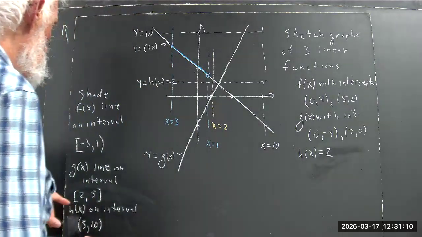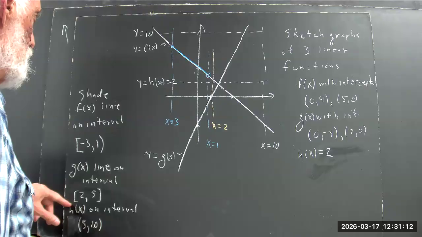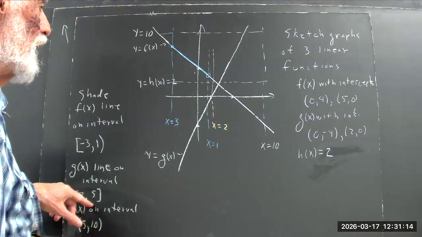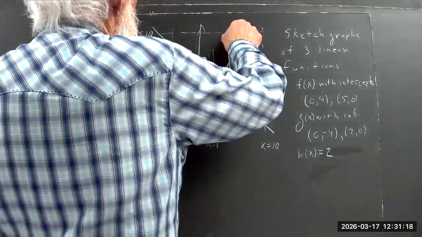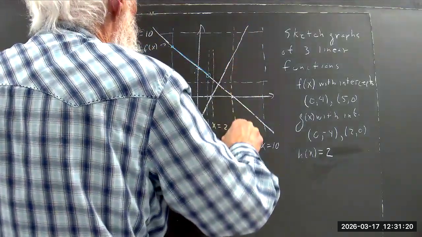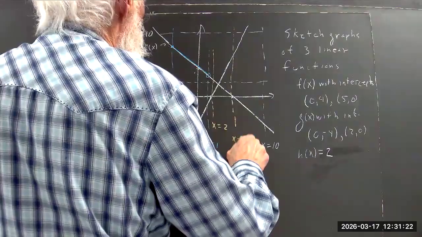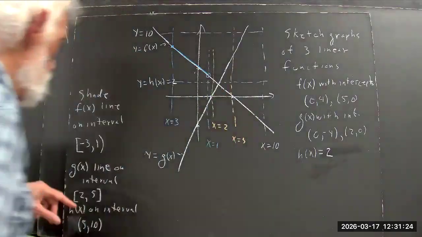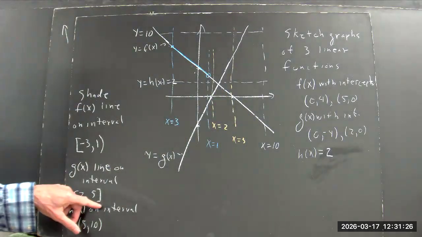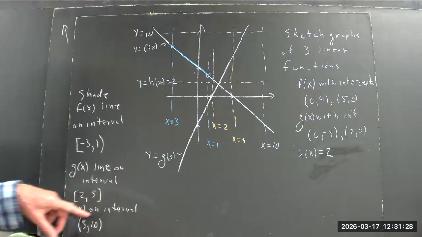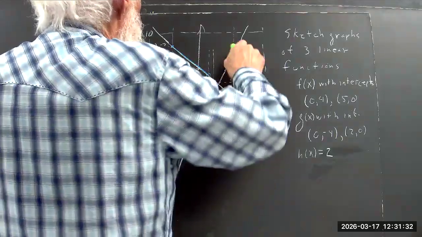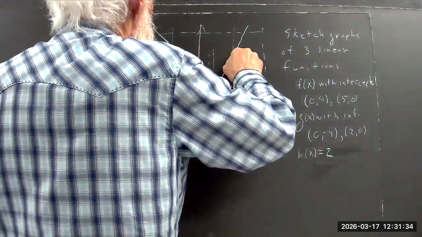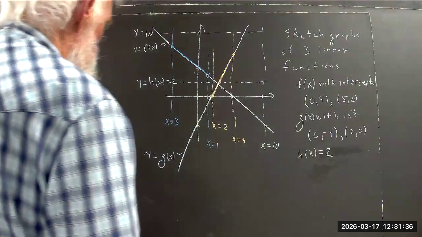So from x equals 2 to x equals 5, well, x equals 5 is here. We have closed brackets at both ends, so we're going to include the x equals 2 point and the x equals 5 point, and there we have it.